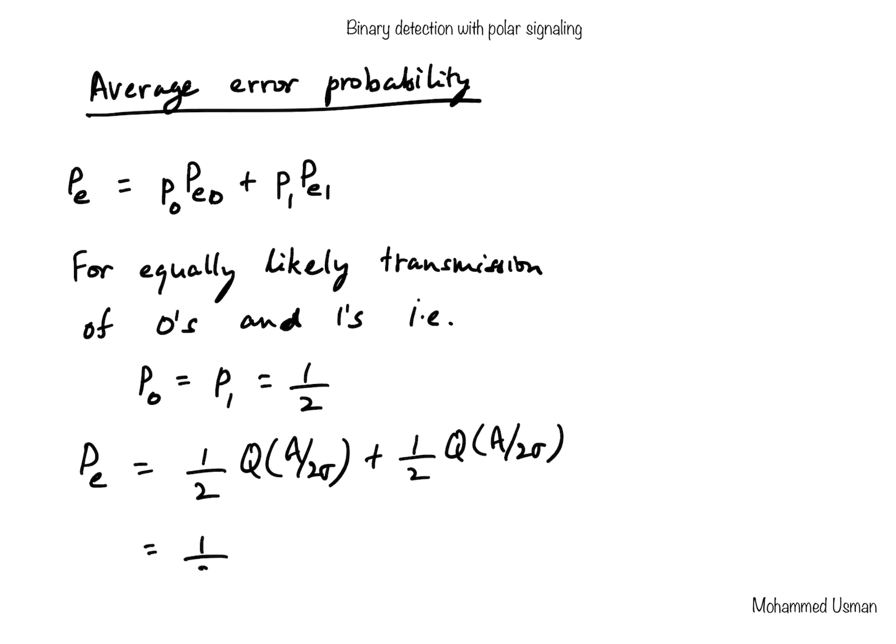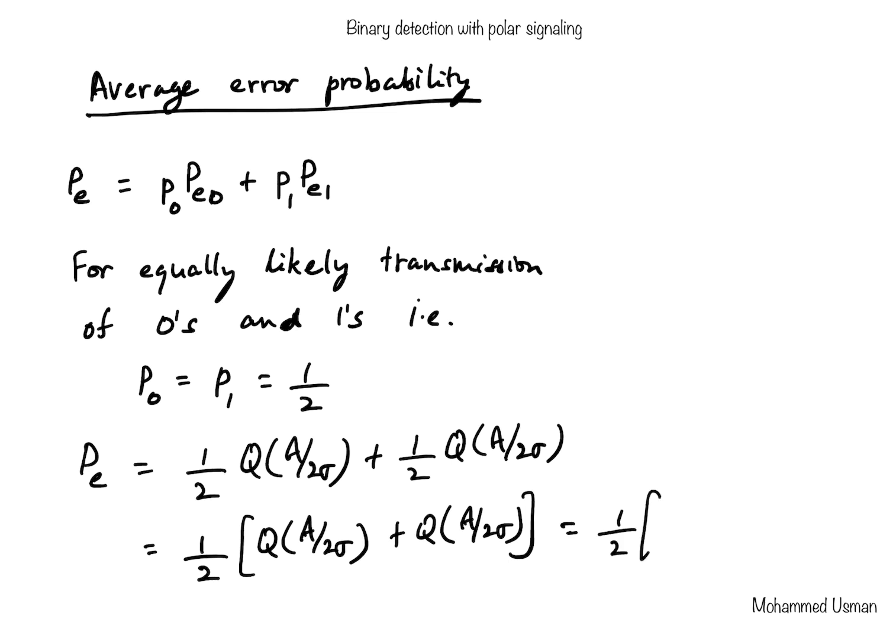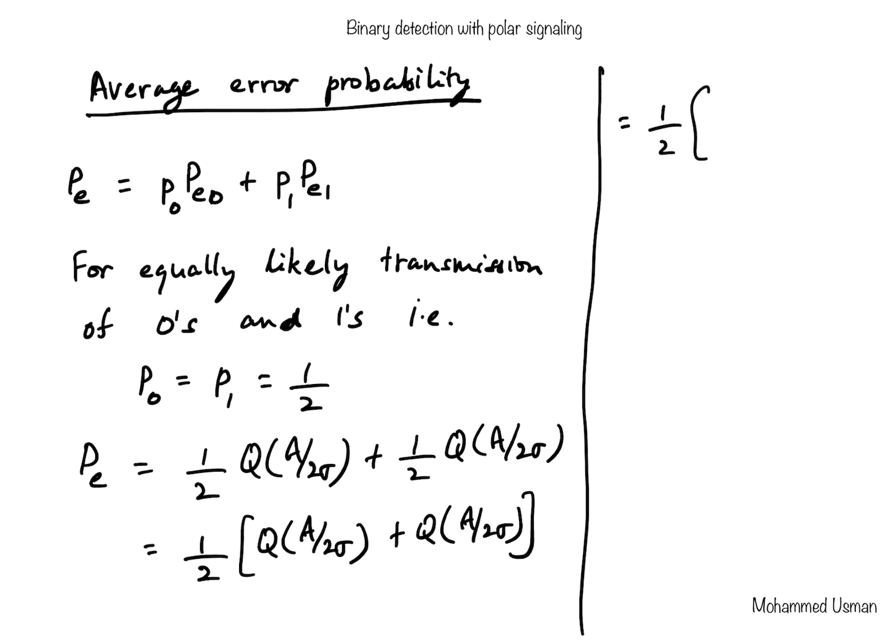So you can take this half as a common factor, so it's half into Q of A by 2 sigma plus Q of A by 2 sigma, which is half into Q plus Q is 2 times Q, so 2Q of A by 2 sigma, which is equal to Q of A by 2 sigma.